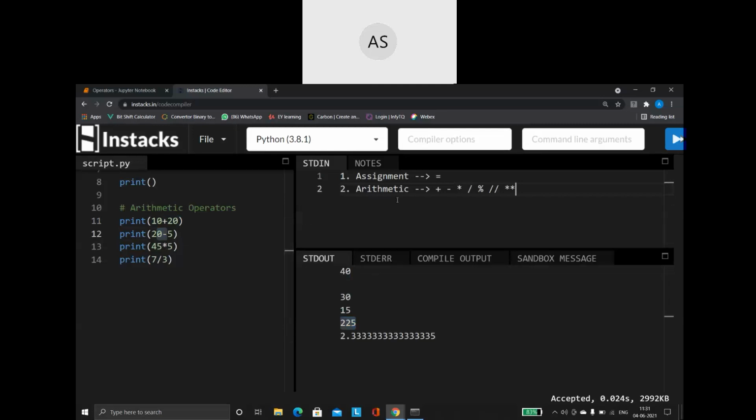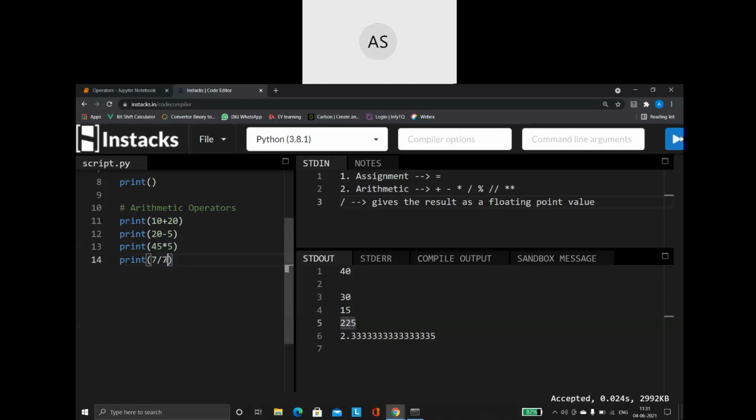What are the important takeaways here? The division operator always gives the result in the form of a floating point value. This is one very, very important point. So always remember that the division operator is going to give you the result in the form of a float.